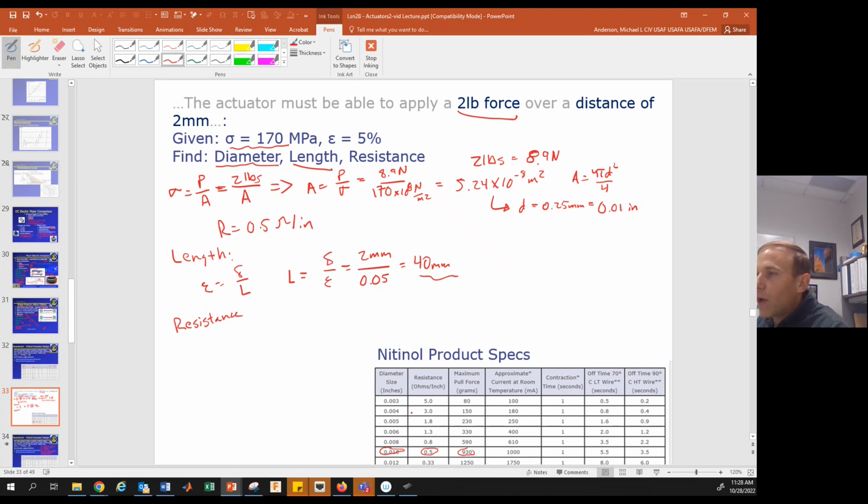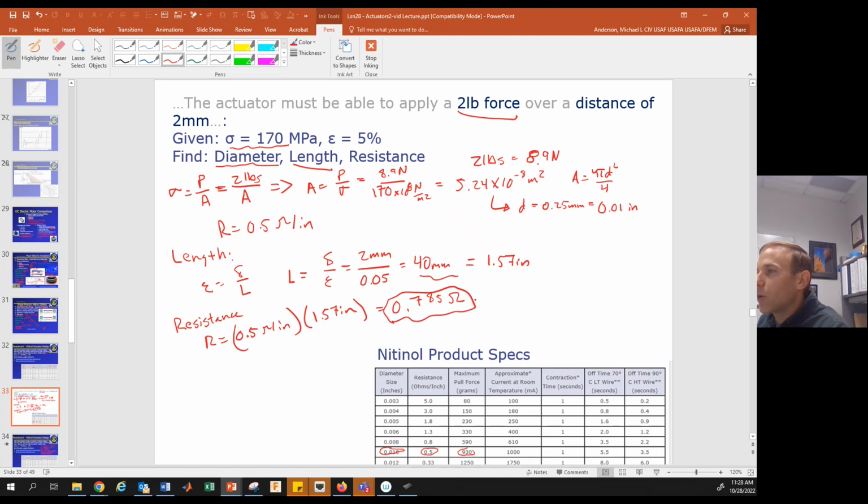We've got 0.5 ohms per inch, so R equals 0.5 ohms per inch multiplied by the length, which is 1.57 inches. We get 0.785 ohms.